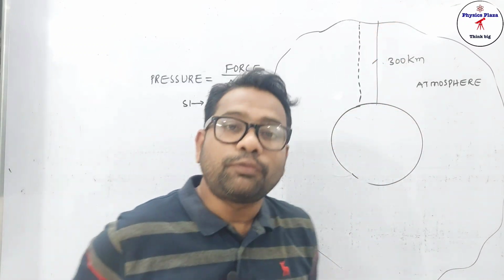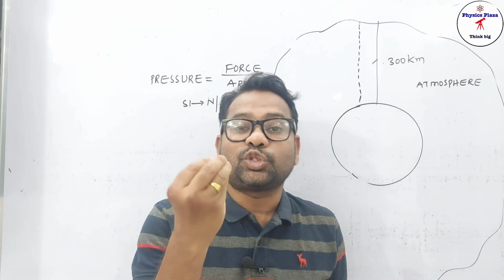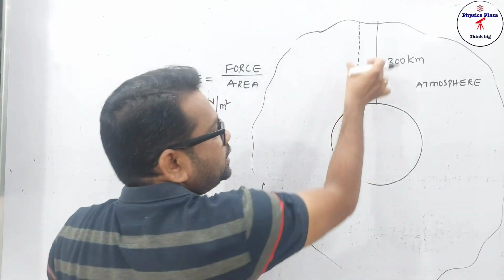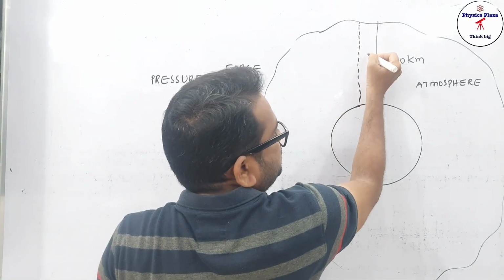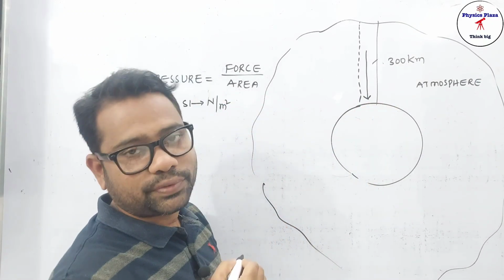Air is nothing but fluid, and we all know very well that fluids can exert thrust on the surface where they are lying. So now this air column exerts some thrust on the earth surface.